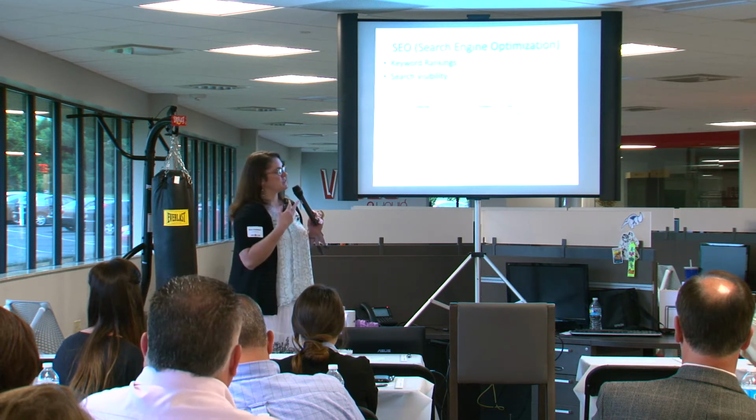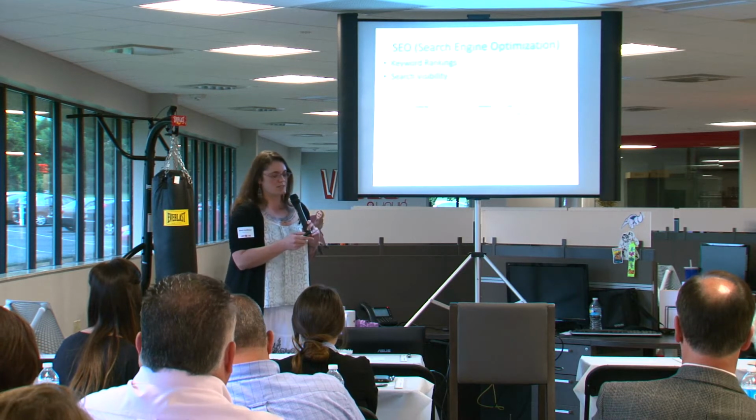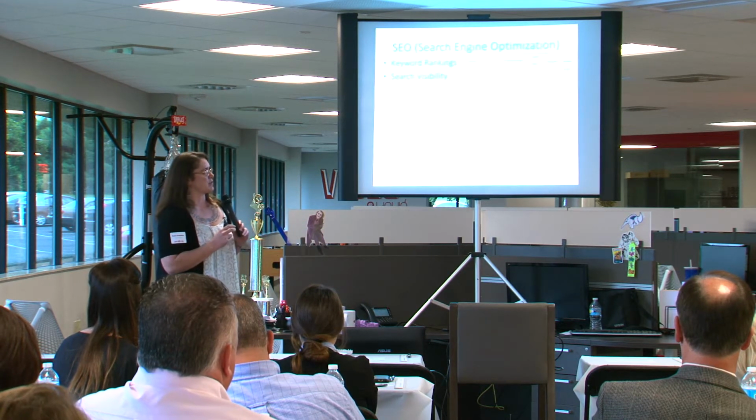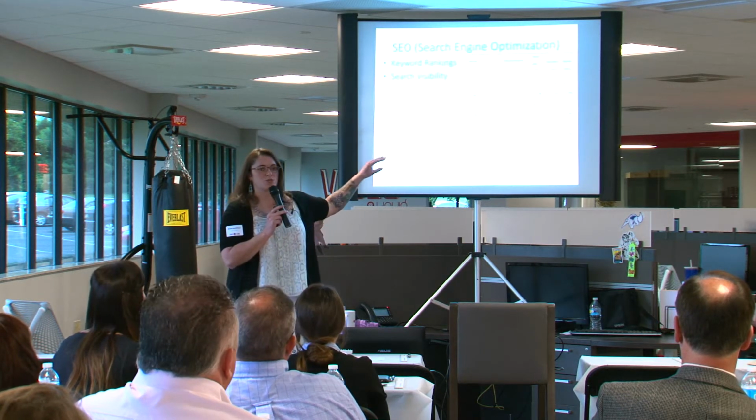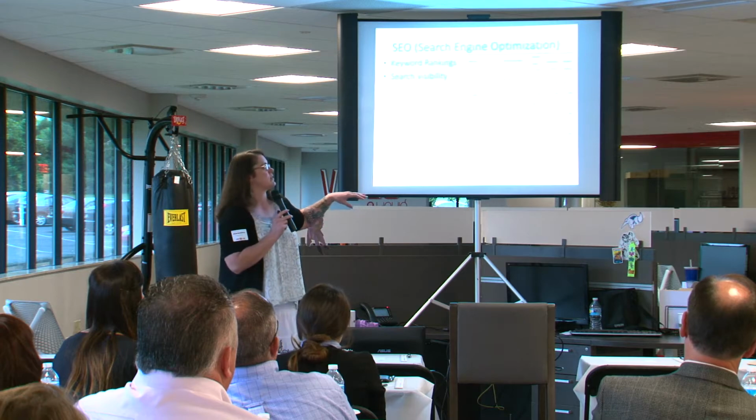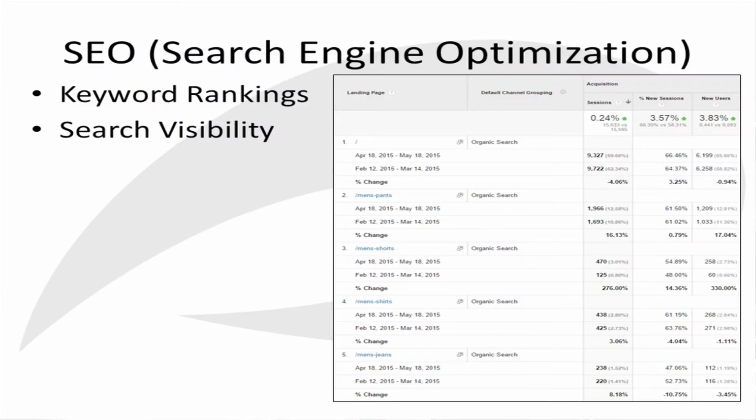So to strengthen that point, let's take a closer look at what those landing pages are. You can look at which pages people are landing on from organic search. Generally speaking, the homepage of your website is always going to be number one.